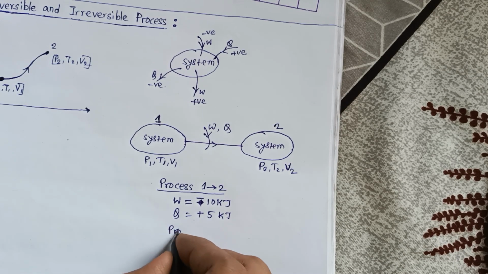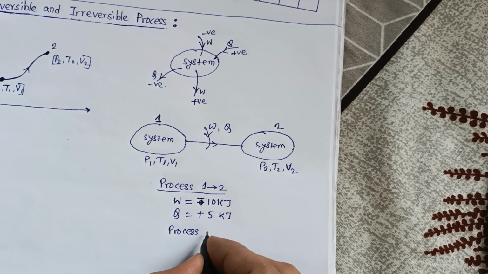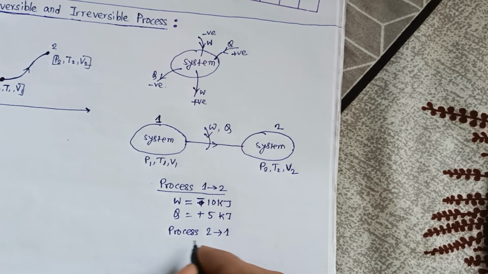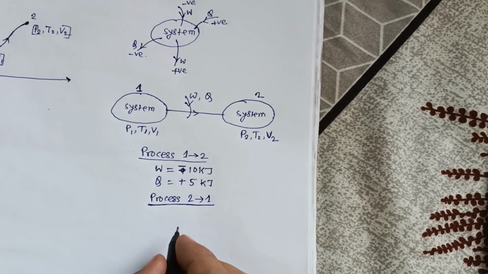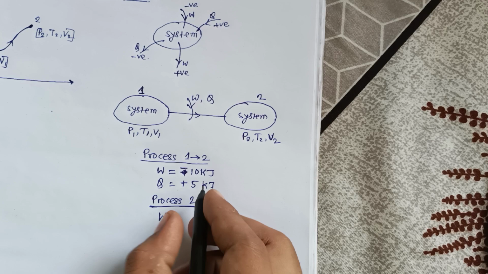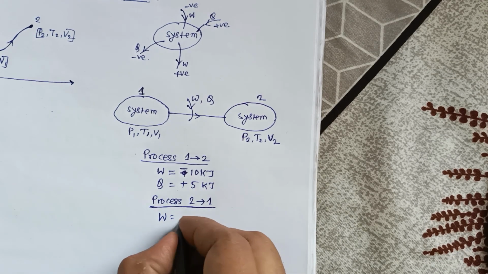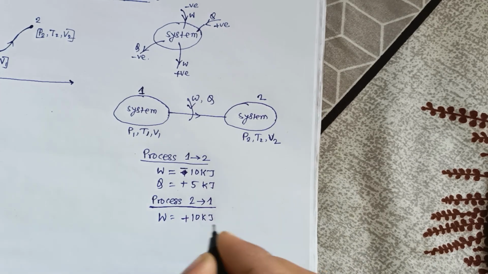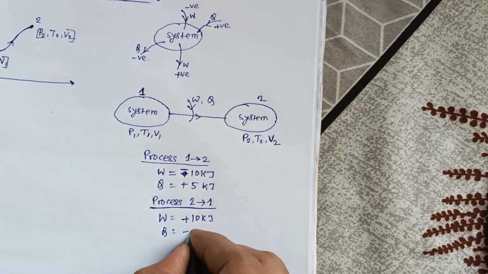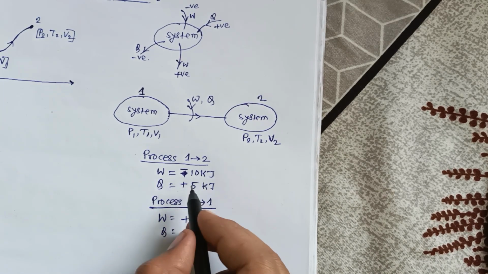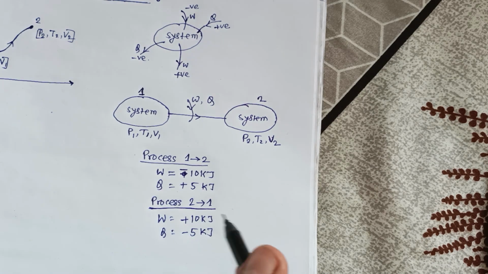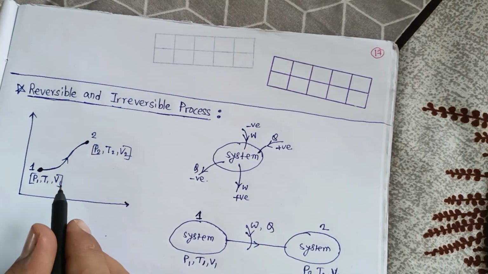If the process goes from state 2 to state 1, W is plus 10 kilojoule and Q is minus 5 kilojoule. Only the sign is changing. So this is known as a reversible process.